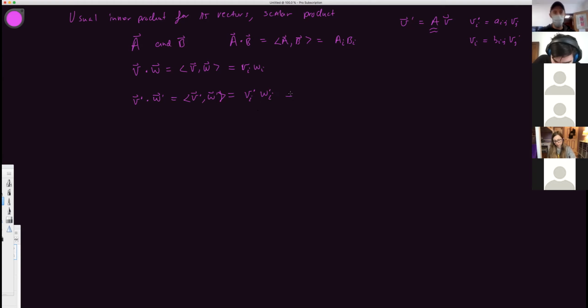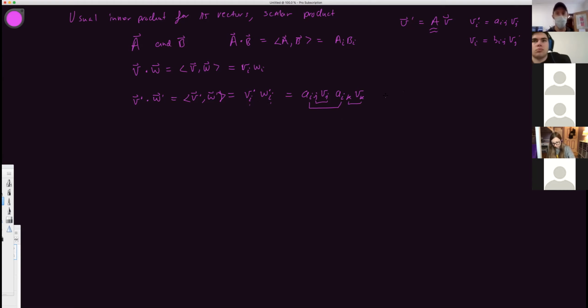And now I'm going to replace them with the equation that shows how these vector components change when you rotate. So this is going to be A_ij V_j, and then this guy has to be A_ik W_k, right? Has to be i to match the i here, okay? So we have summed over j here, summed over k here, and summed over i. Yeah?